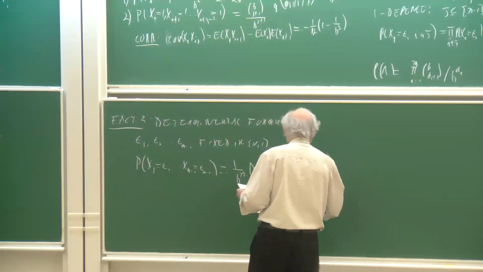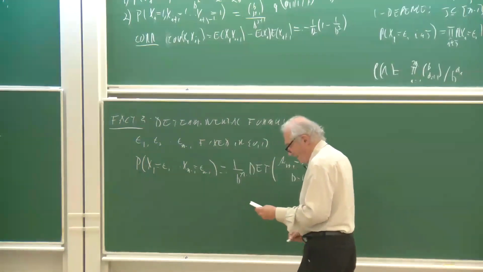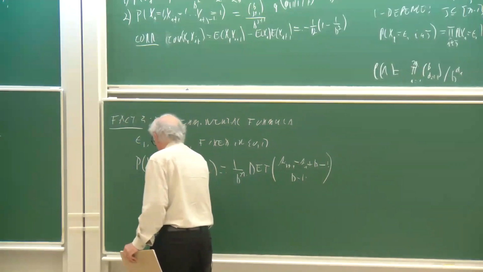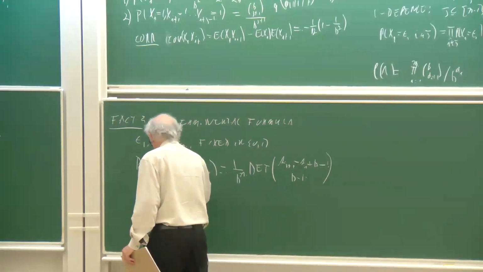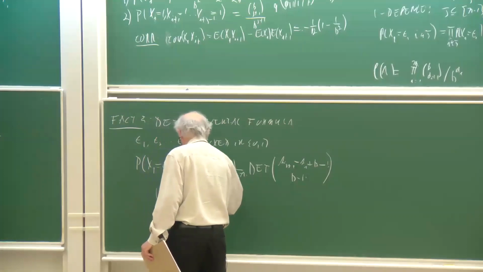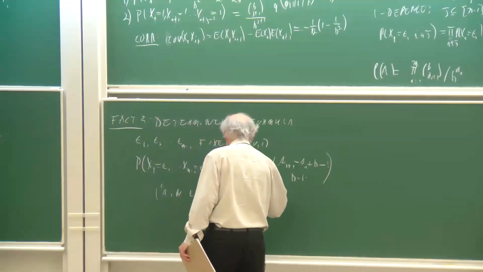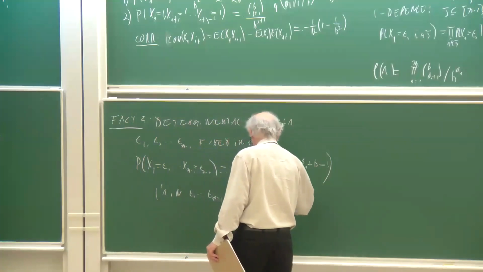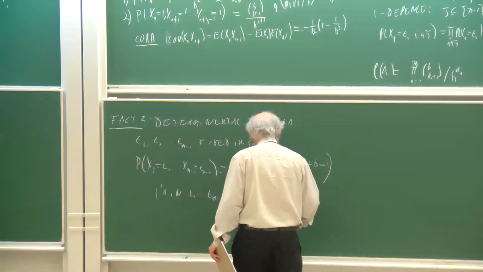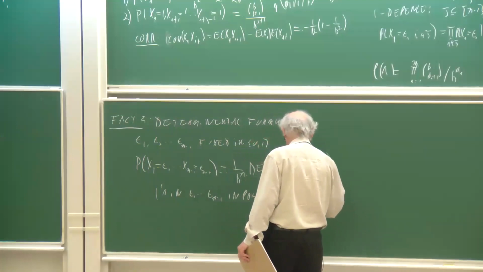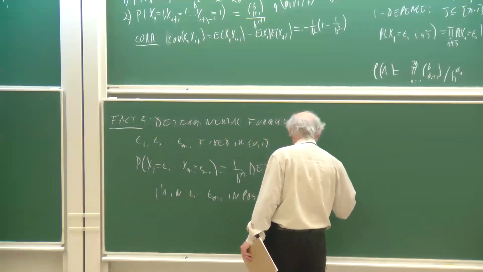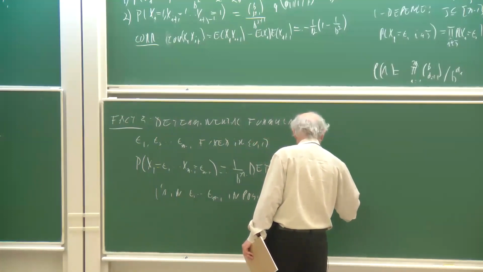So let me explain this determinant, where there are ones in epsilon 1 up to epsilon n minus 1 in positions S1 less than S2 less than Sn minus 1.